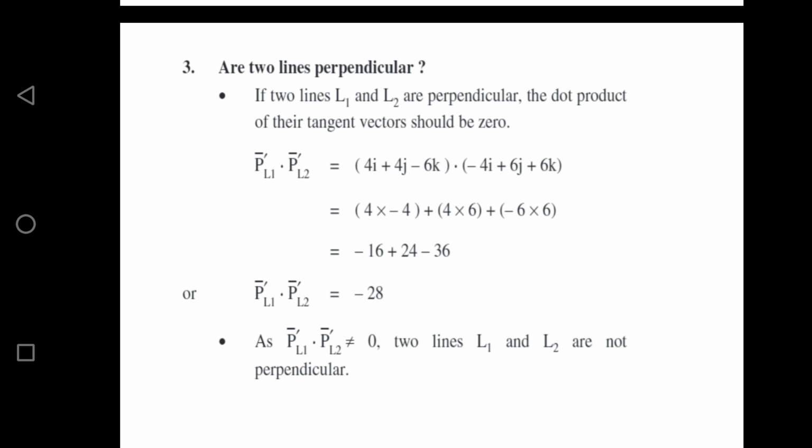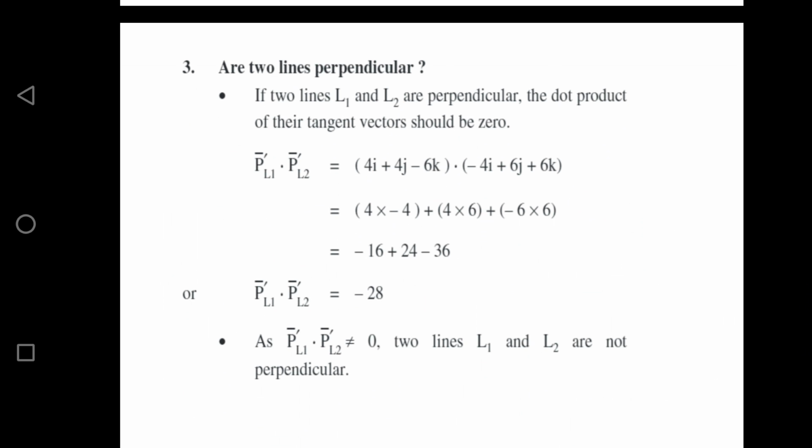Just now we have found the tangent vectors for two different lines. If the dot product of the tangent vectors of two different lines is 0, then those lines are perpendicular. So we have tangent vectors PL1 bar dash and PL2 bar dash. We just have to do the dot product of these two. In a dot product, we just multiply the values and add them.